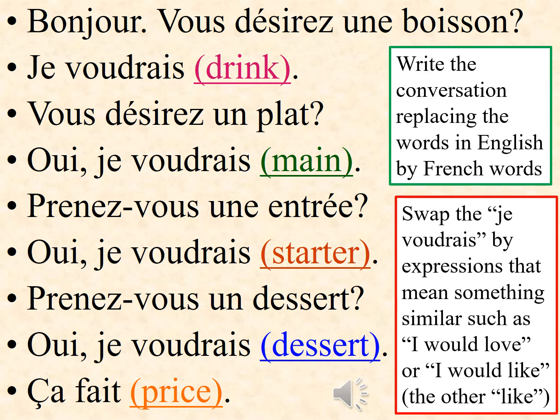Your final task, Year 9, will be for you to write your own conversation. So, using the conversation that's on the slide in front of you, you can see that you've got some blue boxes with a question mark in them. For each box, you need to put down an element of the conversation.